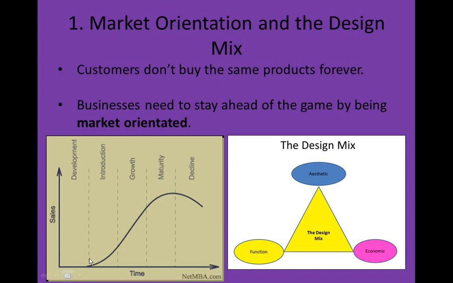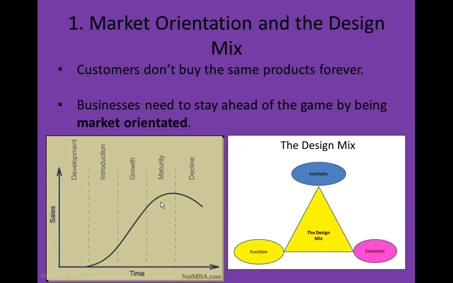So usually products have negative sales during the research and development phase because money's being spent but not earned. We've got the introduction phase where products are launched onto the market, and the growth phase where sales start to rise rapidly, but in both of those stages we have high advertising spending.